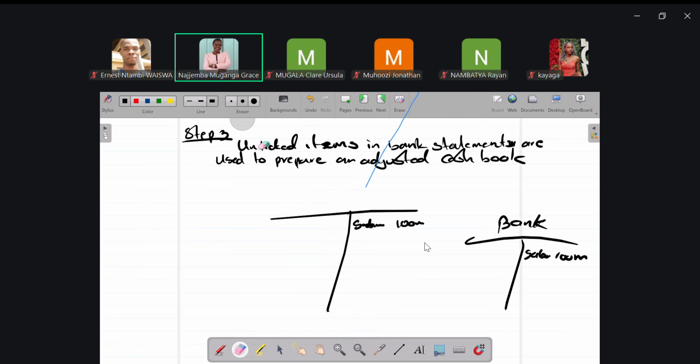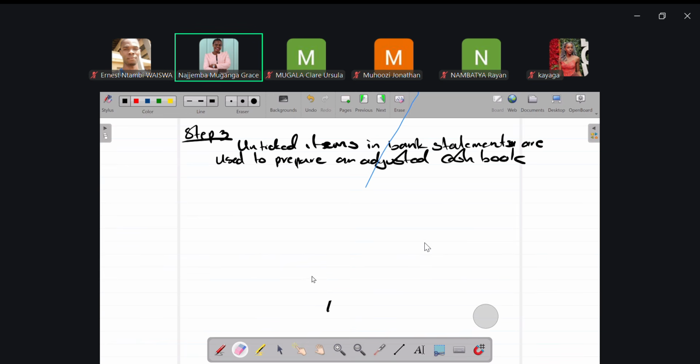So now that you've done that, next we need to look at the unticked items in the cash book. We have seen the unticked in the bank statement, but how about the unticked in the cash book? So step 4.